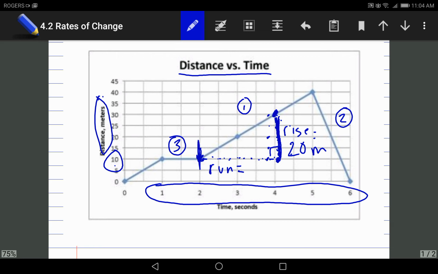So from here to here, I have 0.5, 1, 1.5, 2 seconds. So from 2 to 4, which makes sense. So from 2 to 4, that's my run, which is a total of 2 seconds. Sorry, I know it's getting a little bit sloppy in there. All right, so my rise is 20 and my run is 2.